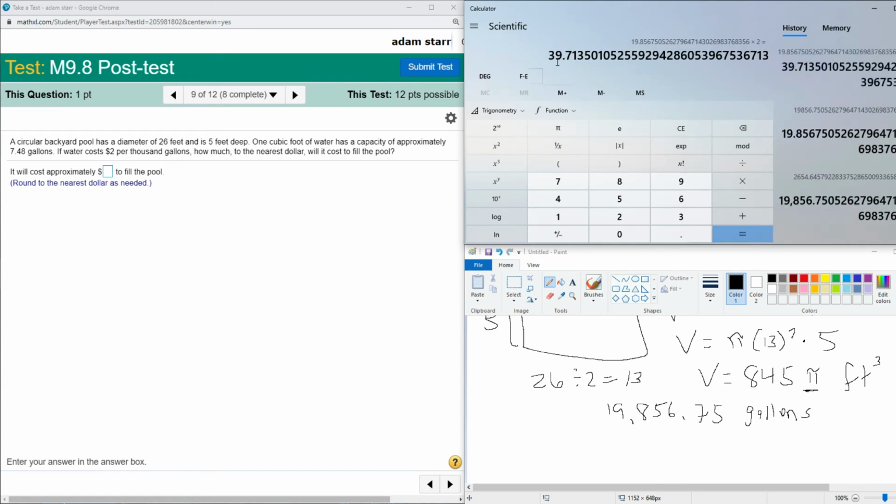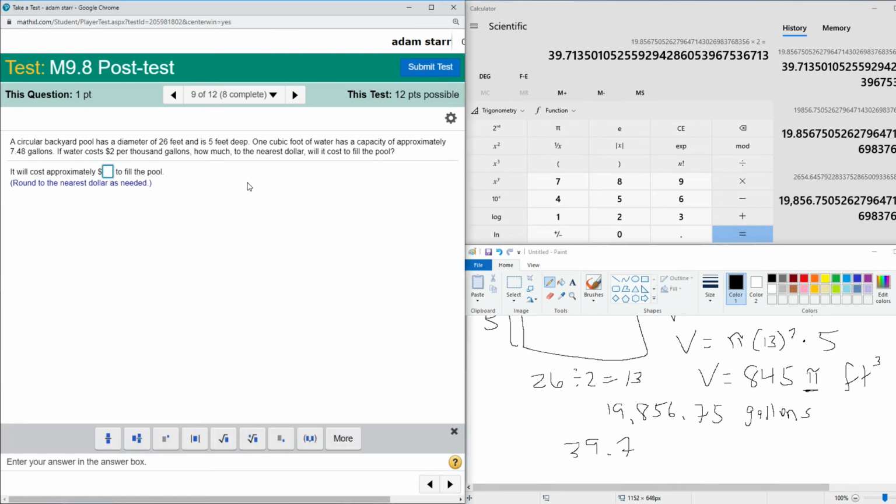And it's about $39.7, but it says round to the nearest dollar. So 39.7 will round up to 40. So for me, it will be about $40 to fill this pool. Okay, so just be careful with your converting here at the end.